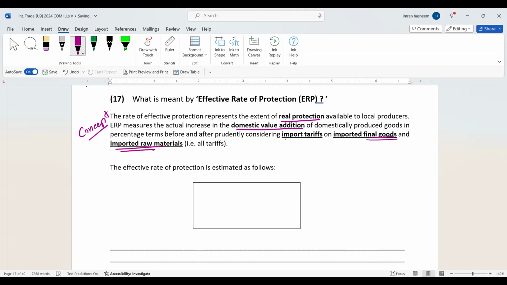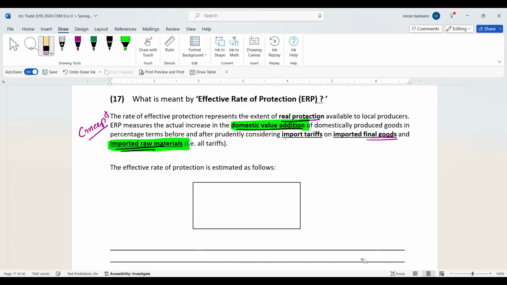All those problems we had are addressed now. Value addition is considered.